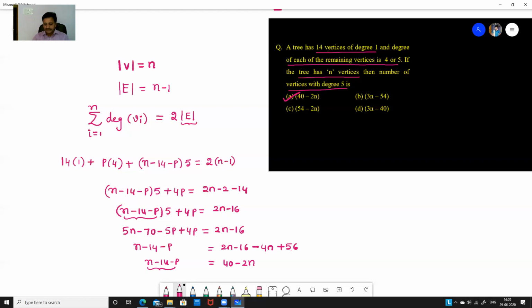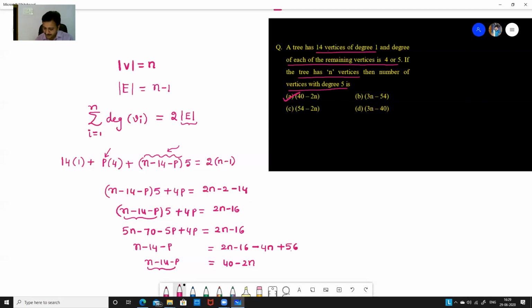Of course, I did deep calculations here. This much deep analysis is not required. You can also make it simple. I hope you clearly understood it. What is p here? The number of vertices of degree 4. They are expecting the number of vertices of degree 5. Therefore, directly you can find the value of n minus 14 minus p.